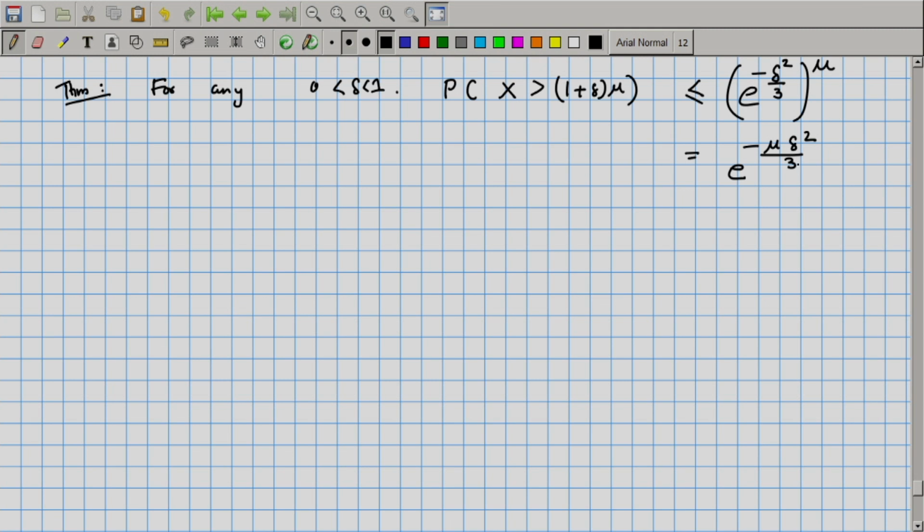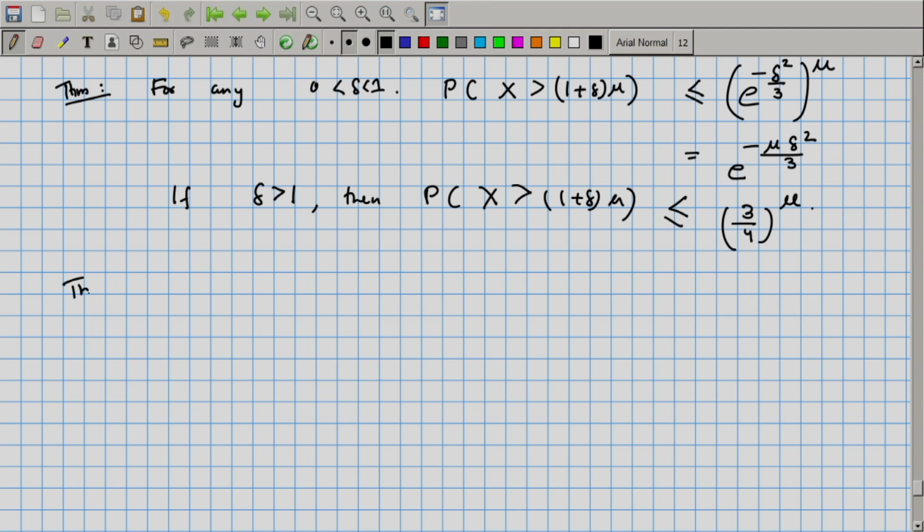When delta is greater than 1, of course, the probability that x is greater than 1 plus delta times mu is less than 3 by 4 raised to mu. Okay.